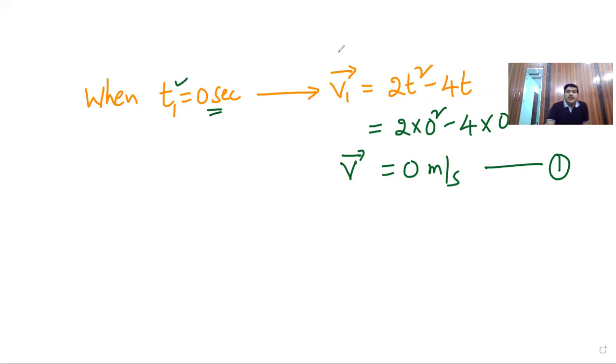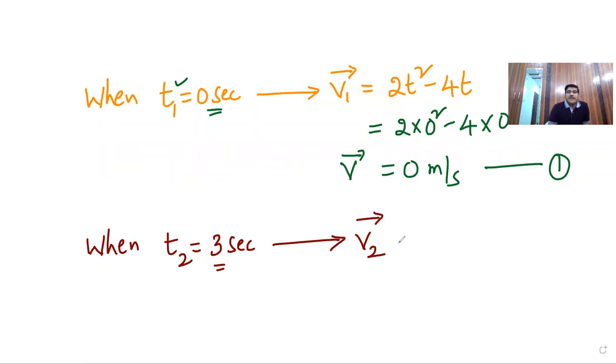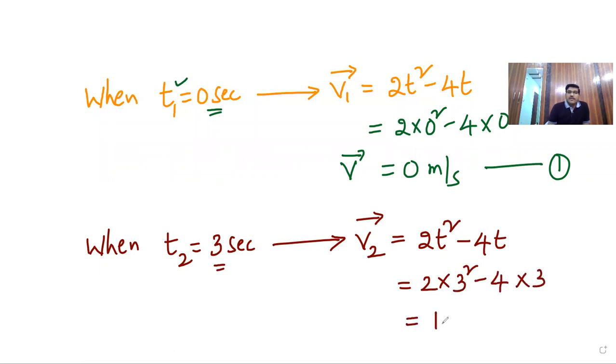This is the first step. Clear? Now, observe. When T2 is 3 seconds, the corresponding velocity we are naming V2 bar. Same velocity expression, 2t square minus 4t, but in place of t, we substitute T2, that is 3 seconds. So 2 into 3 square minus 4 into 3, so 9 into 2, 18 minus 12, becomes 6 meter per second.